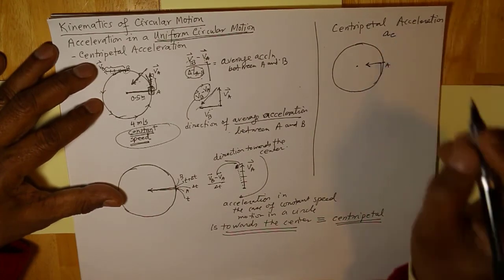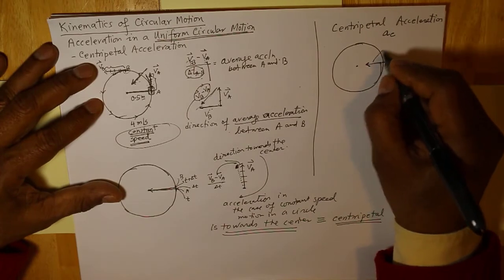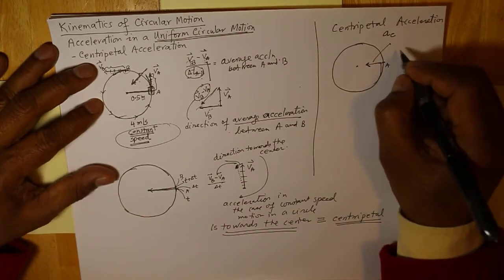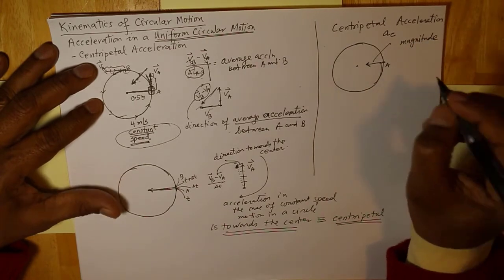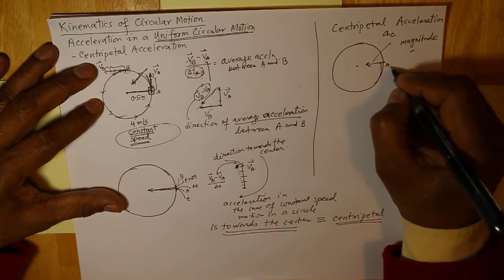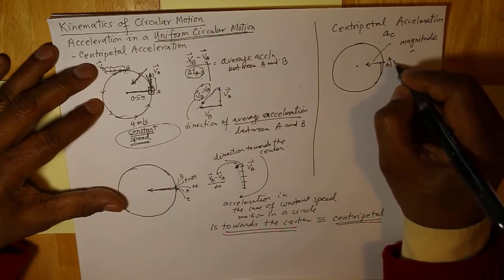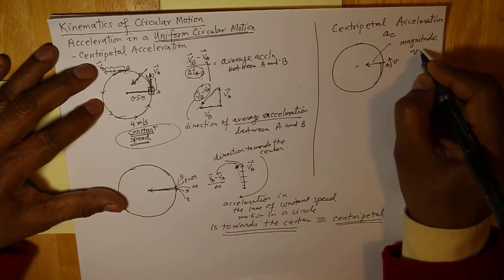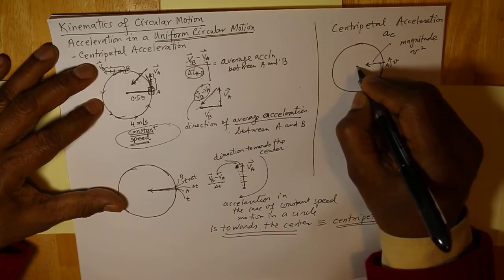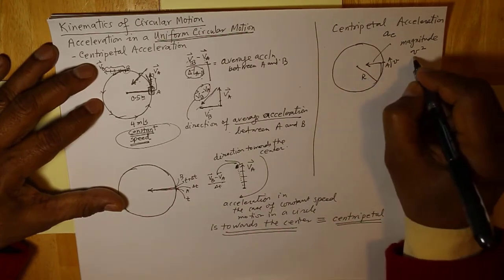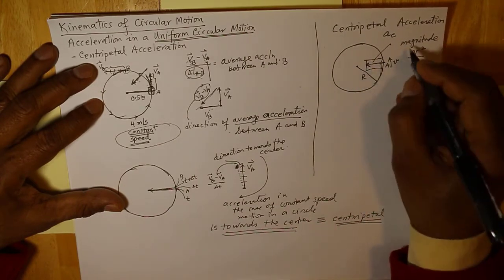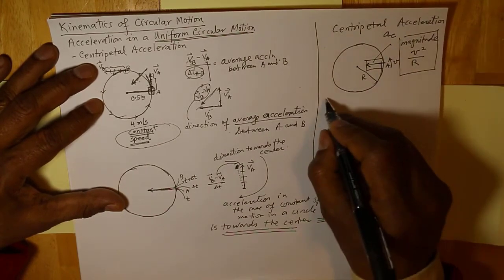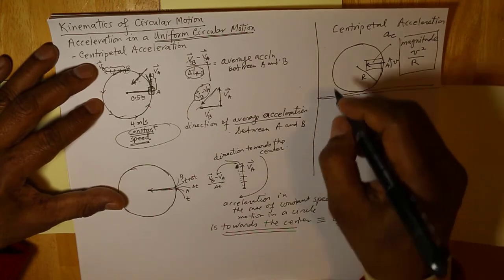The direction is that, and the magnitude has a formula that you should memorize. If it's going at speed v at this instant and the radius is r, it's v squared over r. So the direction is this, and the magnitude is that. That's the formula of centripetal acceleration.